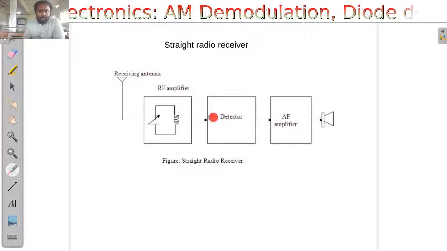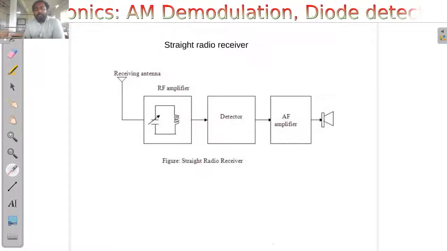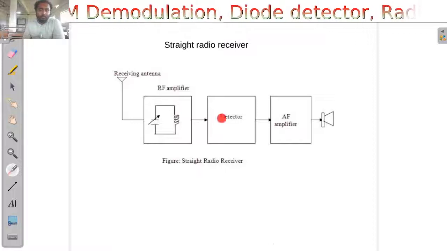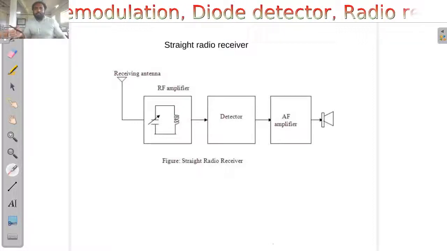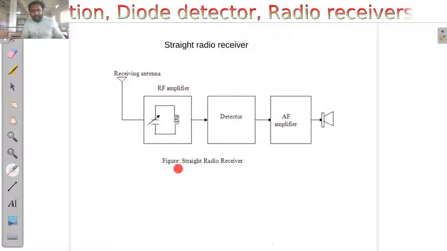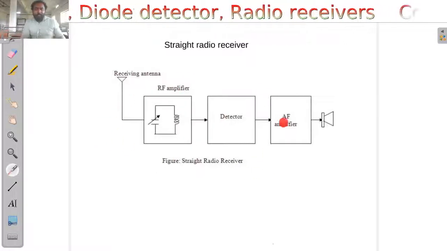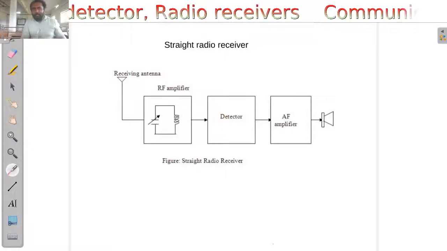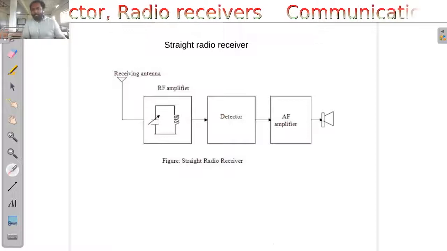So these two stages are to be controlled simultaneously for tuning from one station to another. That can cause a lot of problems, because most of the components of the device are being tuned together. That is a difficult task in electronics because of the high frequencies involved.